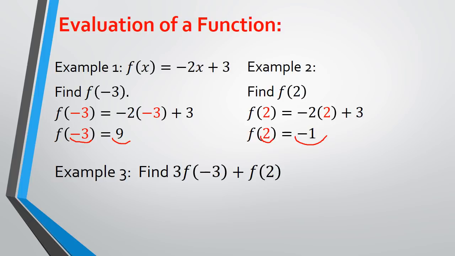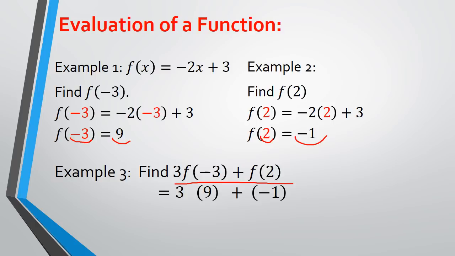Example number 3. Now you are trying to find 3f(-3) + f(2). This means that you're trying to find 3 times the output of -3 plus the output of 2.